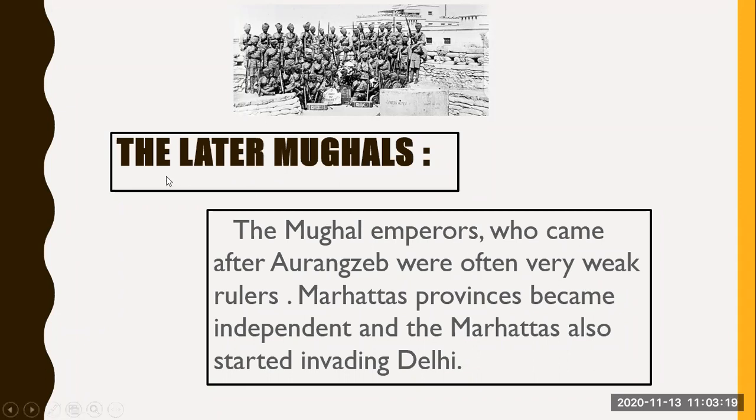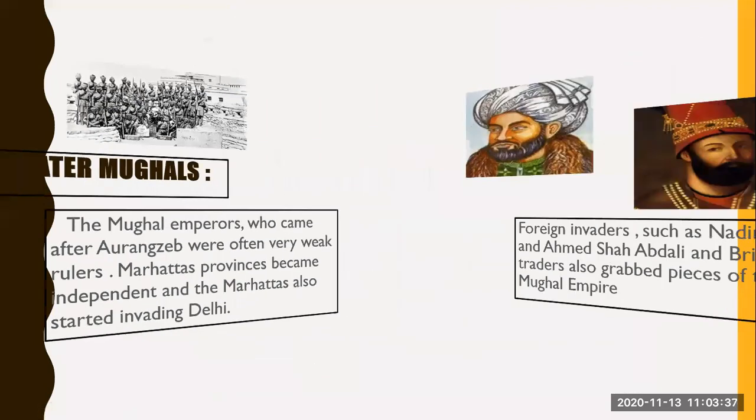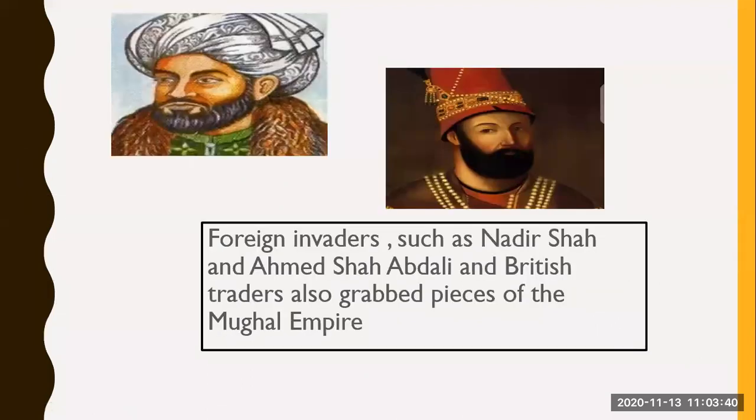If we talk about the later Mughals, the Mughal emperors who came after Aurangzeb were often very weak. That includes Bahadur Shah Zafar as well. Marathas and provinces became independent, and the Marathas also started invading Delhi. There were a few foreign invaders, and they invaded many of the areas of South Asia, such as Nader Shah, Ahmad Shah Abdali, and British traders.